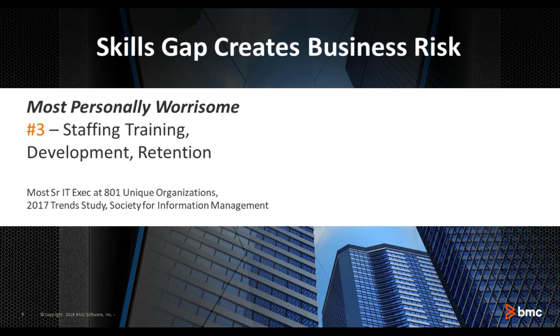And their number 3 most personally worrisome issue is staffing, training, development, and retention. I can tell you that their number 1 concern was security, and their number 2 concern was recovery and resilience. So before cloud, before new technologies, before anything else, came staffing for their concerns.